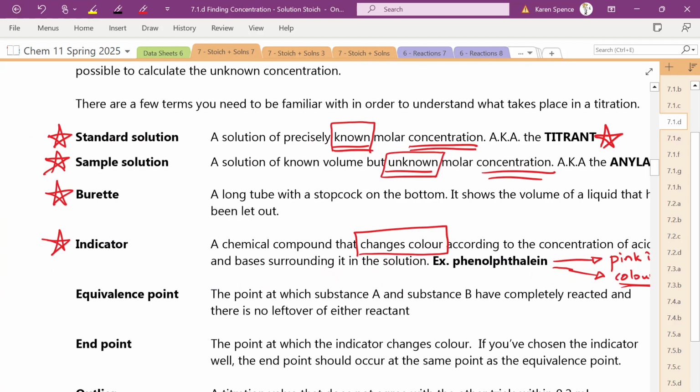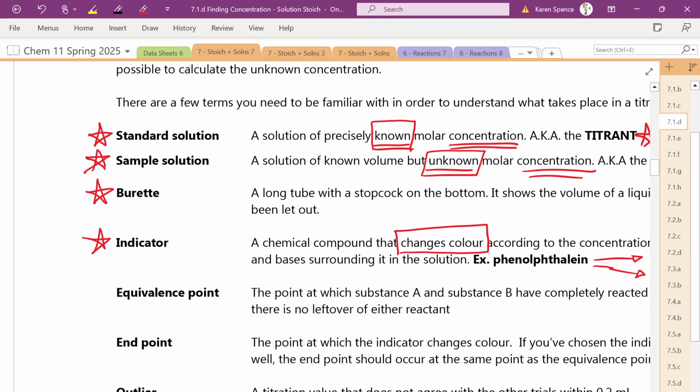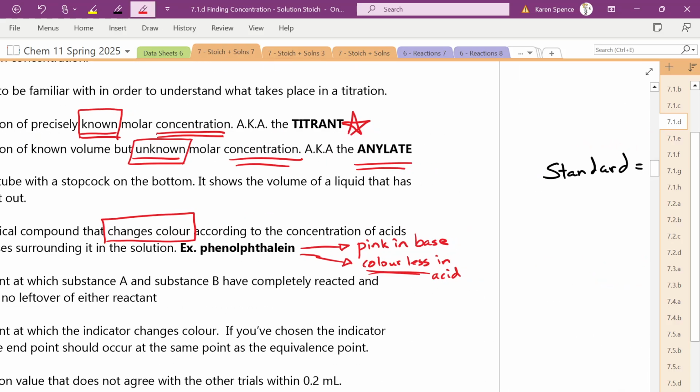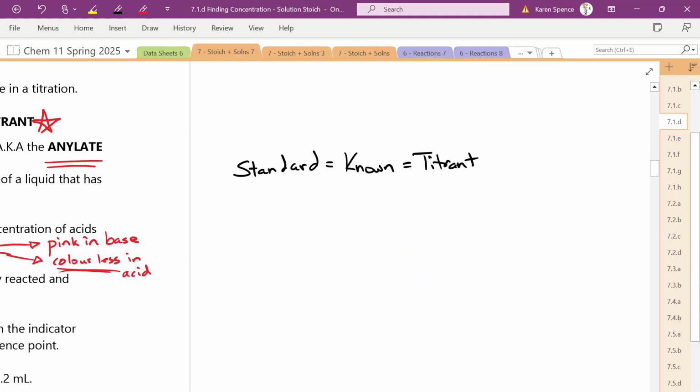Then I have this other one, my sample, which is my unknown, and it's also called an analyte. Can you guess what word analyte comes from?